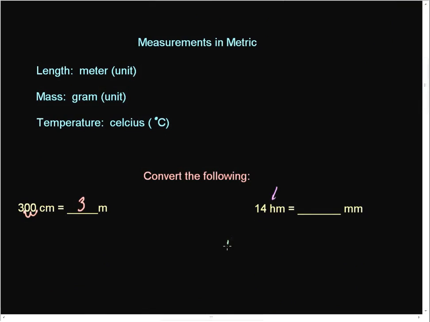And so we just take this 14, and we're going to put a bunch of zeros after it. I don't know how many zeros I'm going to need, and I'll put the decimal place right at the 14. And I'm just going to move that 1, 2, 3, 4, 5. So 1.4 million millimeters in 14 hectometers.